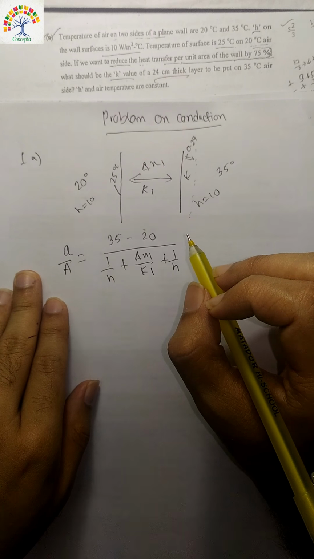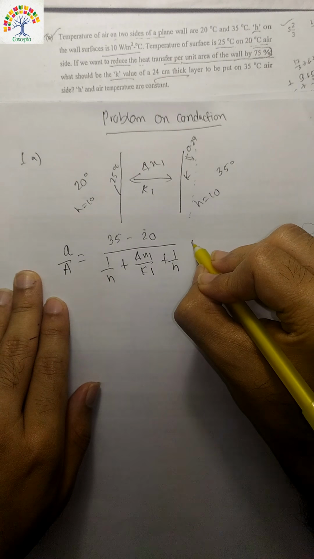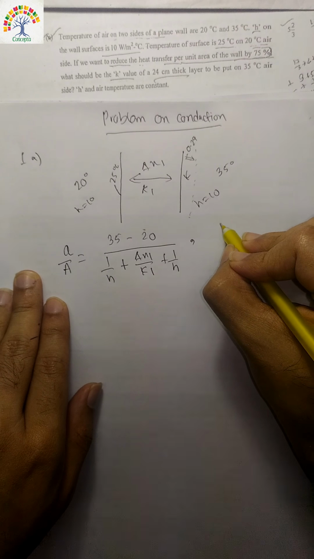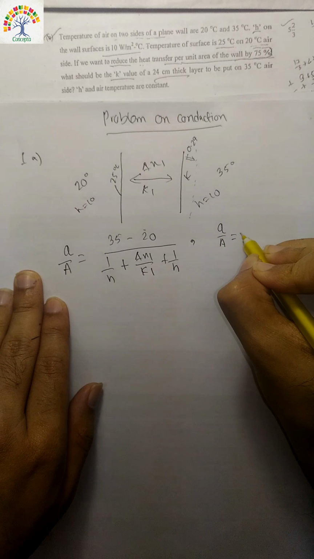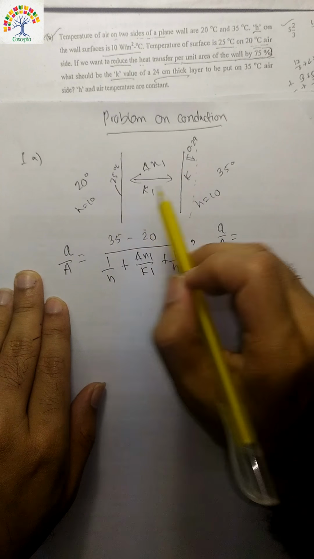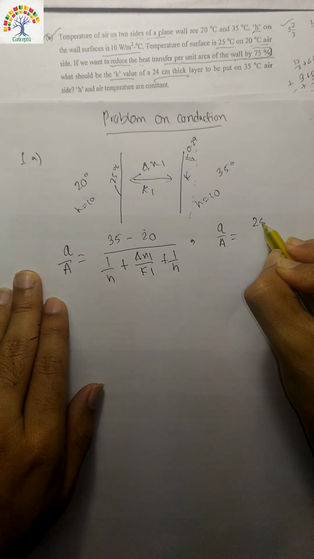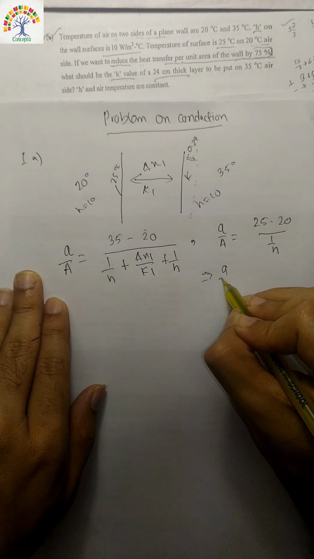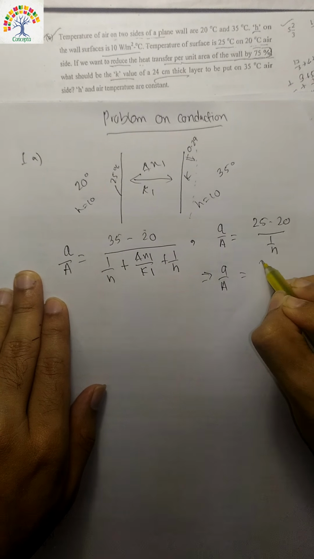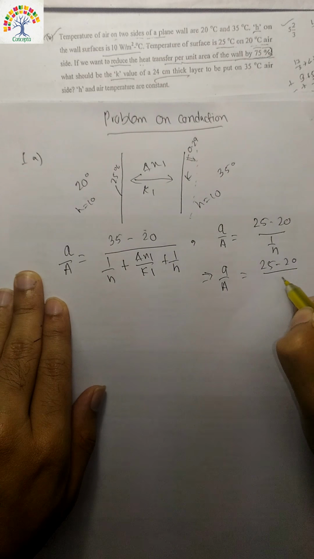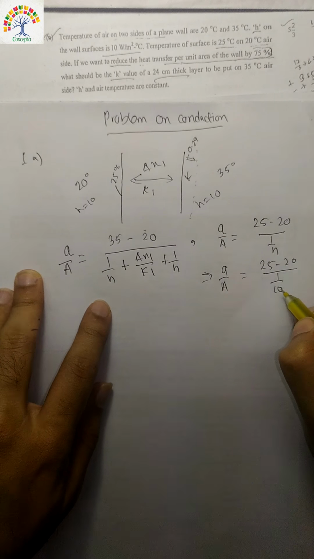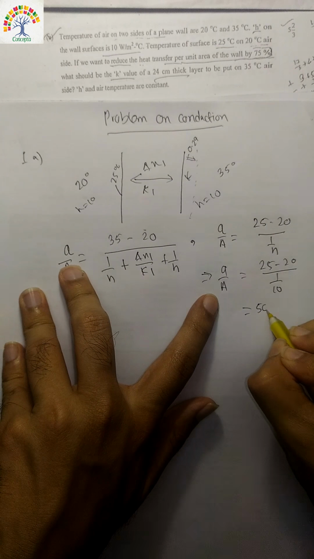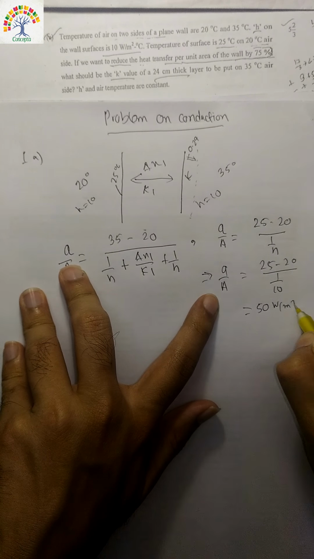One more really important thing: we also can find q by A using this part, because 25 is given. So let's write 25 minus 20 divided by 1 by h, or better, q by A is equal to 25 minus 20 divided by 1 by 10, which is 50 watt per meter square.